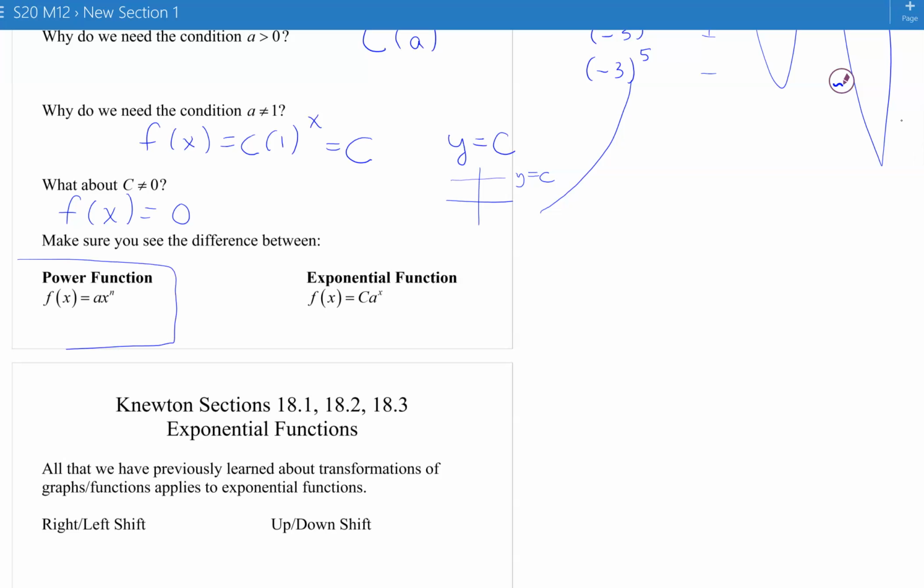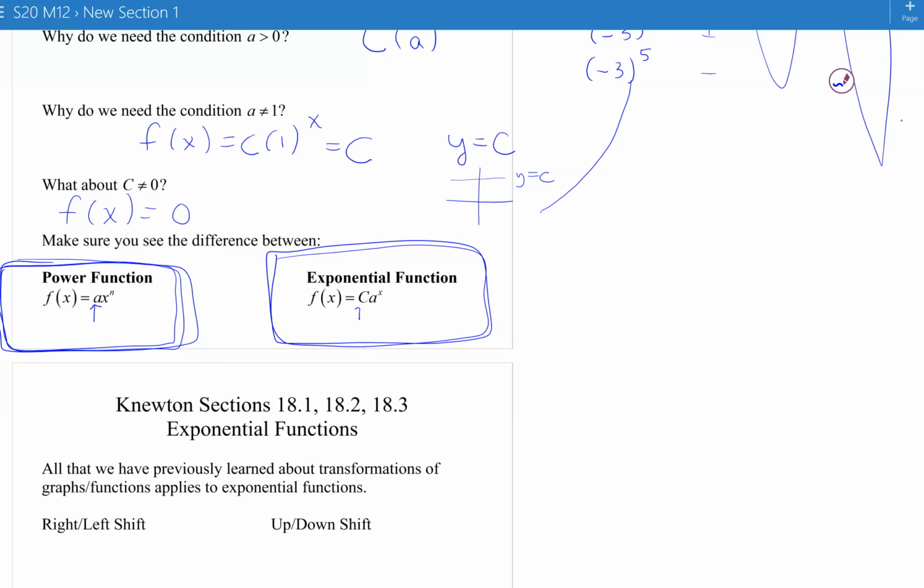So I want you to make sure you're very clear on the difference between power functions and exponential functions. Look where all the pieces are. In the power function and the exponential function, we have a vertical stretch or compress factor for both. But in the power function, the x is the base, and n, some constant number in a given problem, is the exponent.